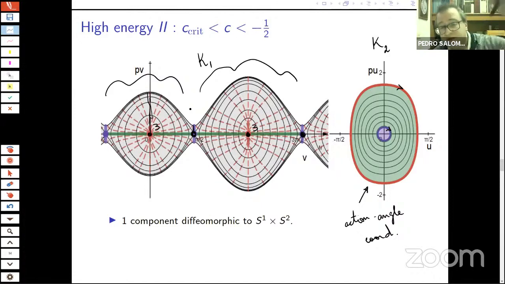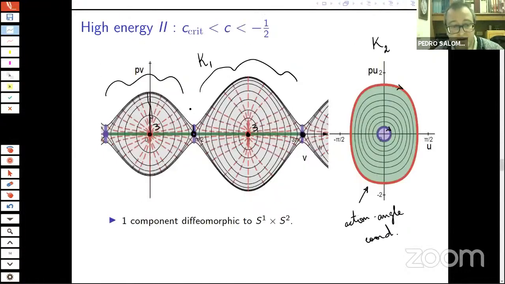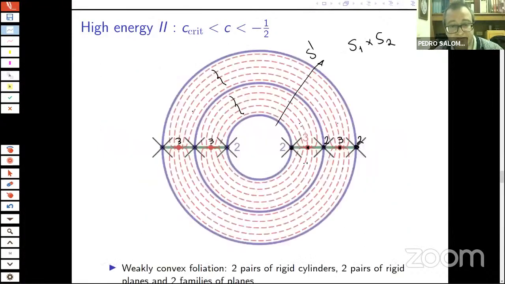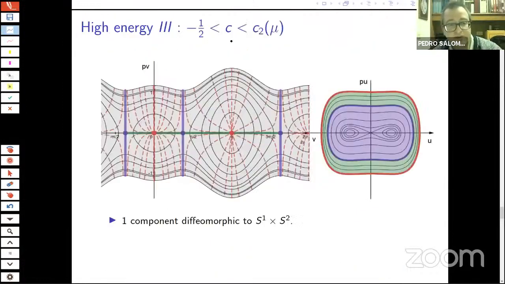So when we increase a little bit more the energy, in this second range of high energy, what we see now in this plane, the dynamics of K2 here, has a bifurcation.